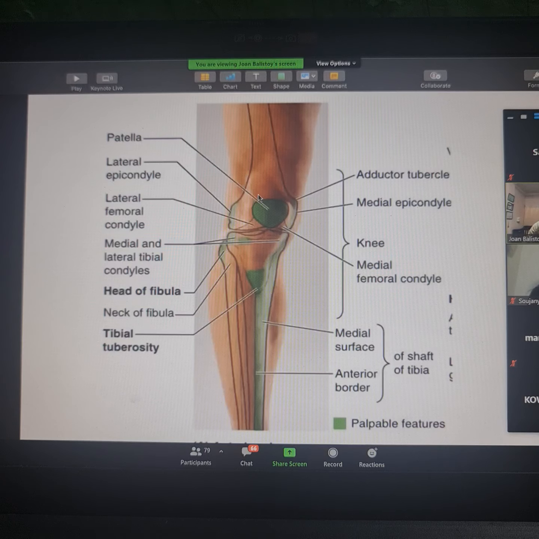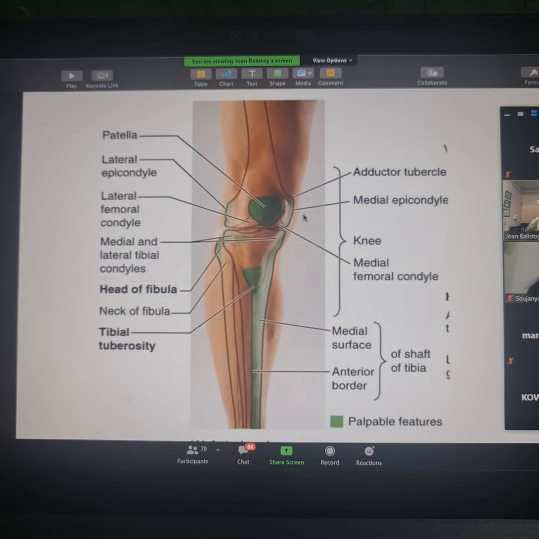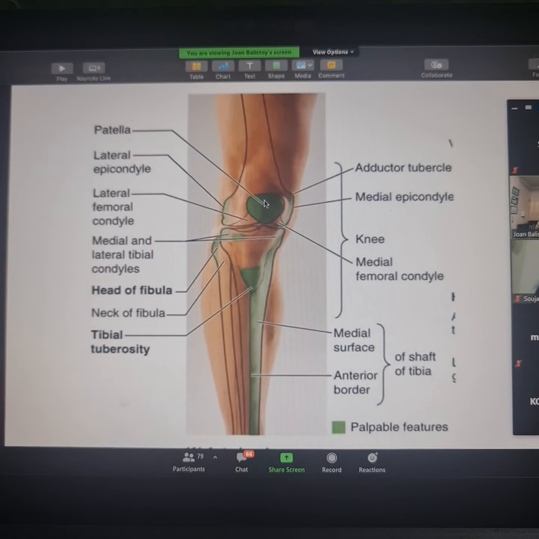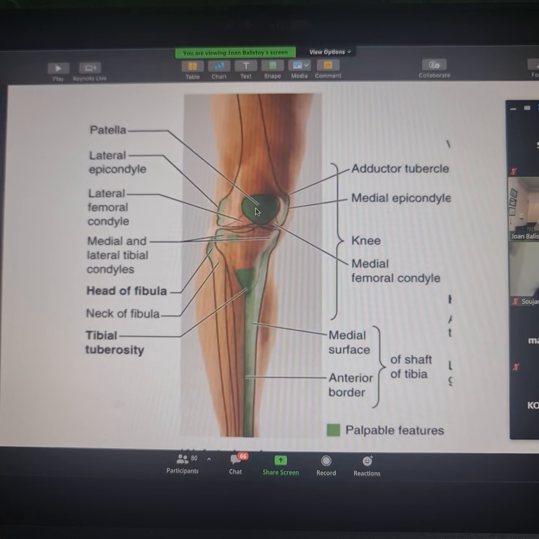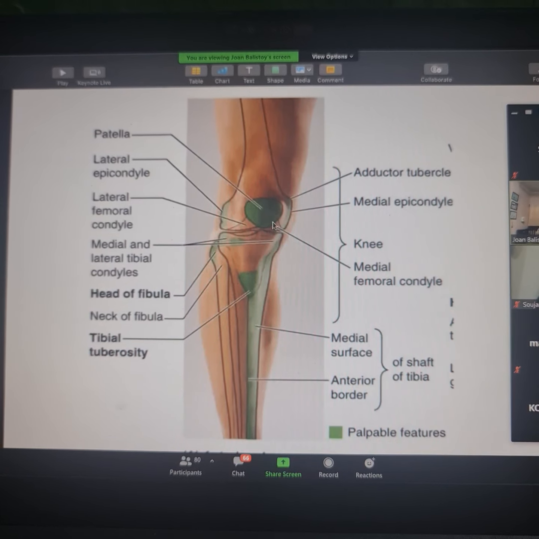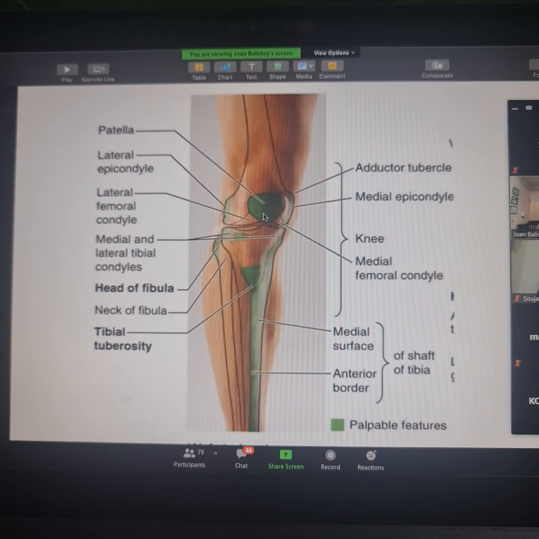In the knee joint, the most recognizable is your patella. This is where you kneel. When you kneel, you kneel on your patella. So this is the patella, this sesamoid bone anteriorly.